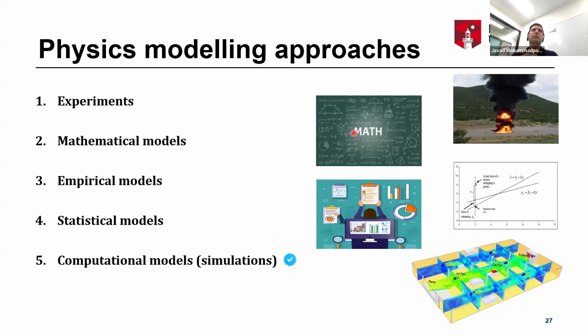You can use them to calculate, for example, the size of the dispersion cloud or anything else. But while there are a lot of these formulas in number, they are very limited. They cover limited physics, so you can't use them for every scenario.